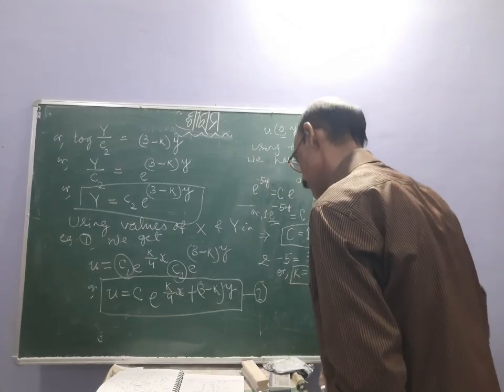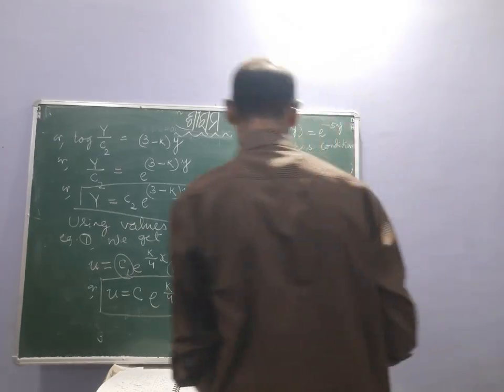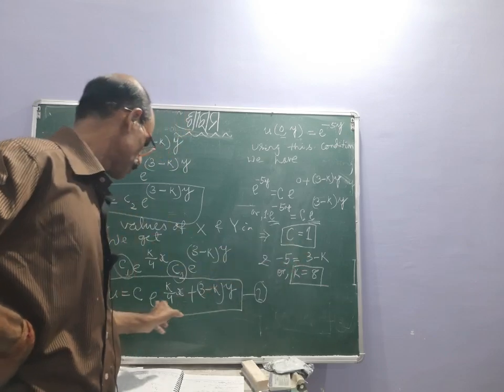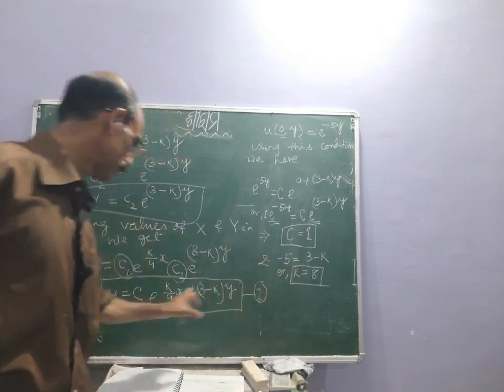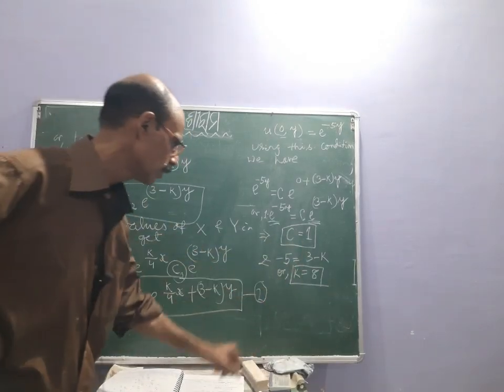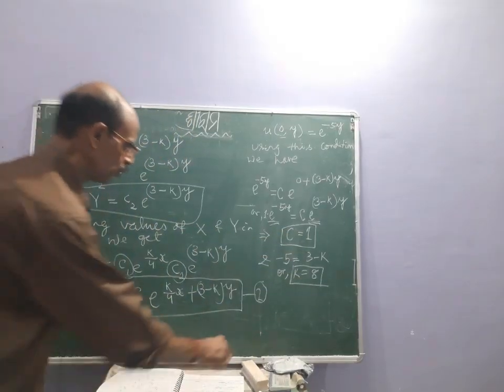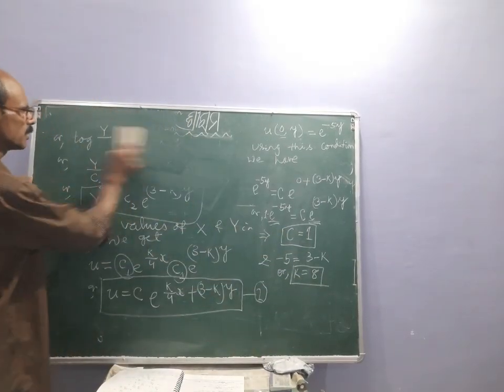So we get k is equal to 8. Students, we obtained the value of c to be 1, and the value of k here is 8. Now using the values of c and k in equation 2, we get the final solution.